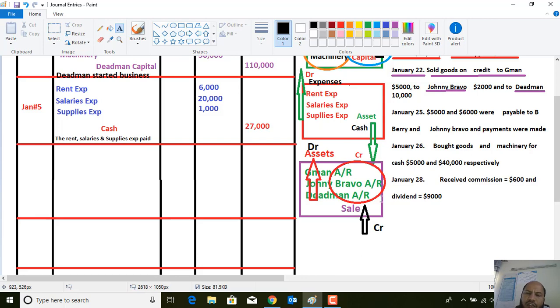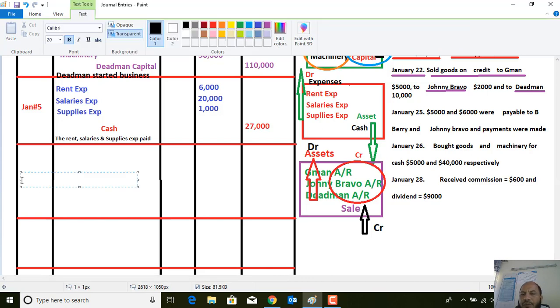Now let's record this transaction in the general journal. First of all, we will write down the date. This is January 22. This transaction was held on January 22.